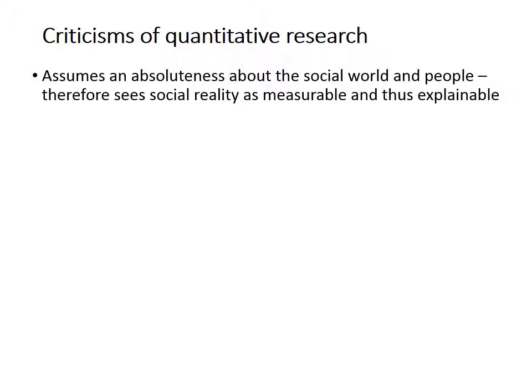Quantitative research often assumes an absoluteness about the social world and people, and sees reality as measurable and as explainable. There's an answer to everything, we haven't yet found it. Everything is objective, everything can be measured. We can explain everything. Does that apply to qualitative research? Is everything measurable? Can we explain everything?